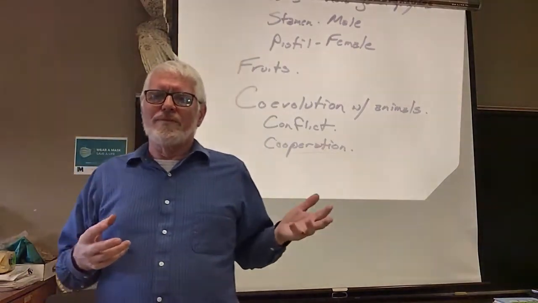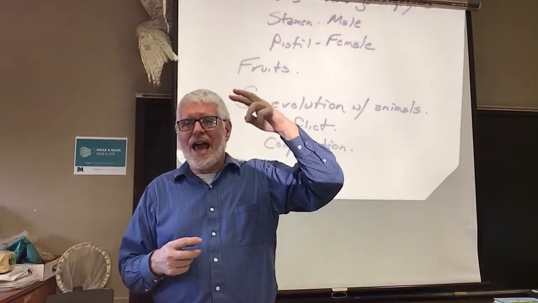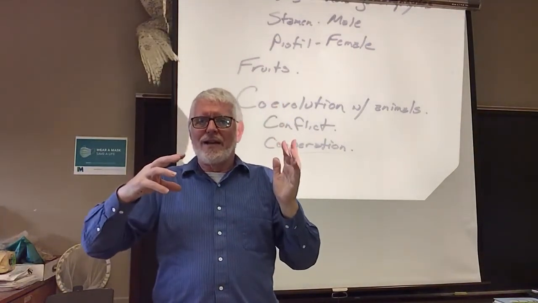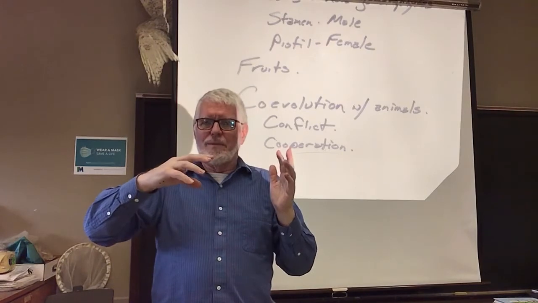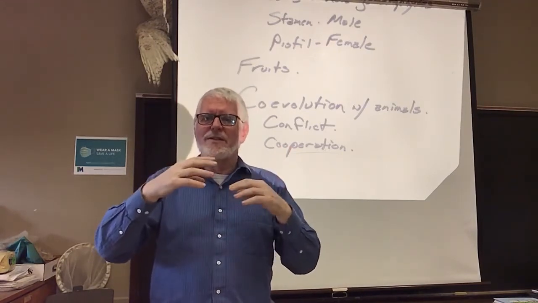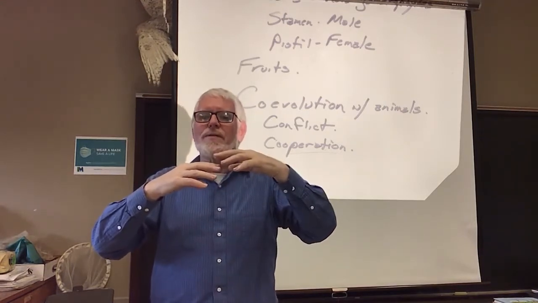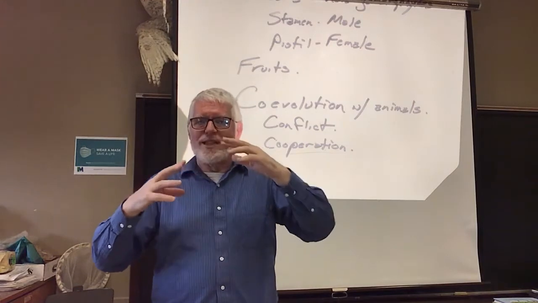Here's coevolution. The flower is built so that the anthers that have the pollen, the main part of the plant that the beetle lands on, are modified petals, and the female part is up above, and the male part is up above.